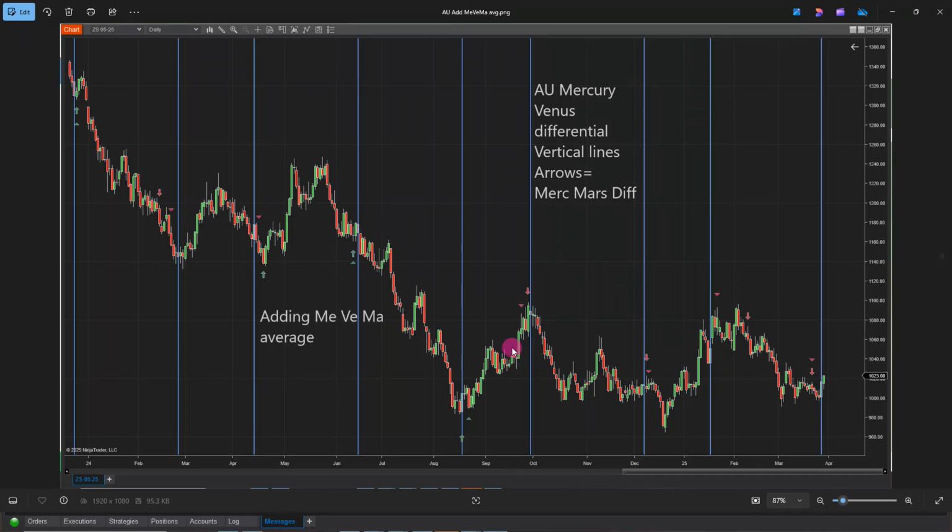Now I've added the triangles to this chart, which is the Mercury, Venus, Mars average of the 3 planets. So some of these are a little bit convergent and other ones give some more isolated pivots.